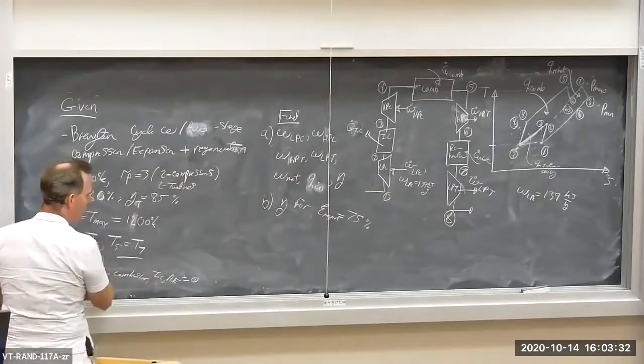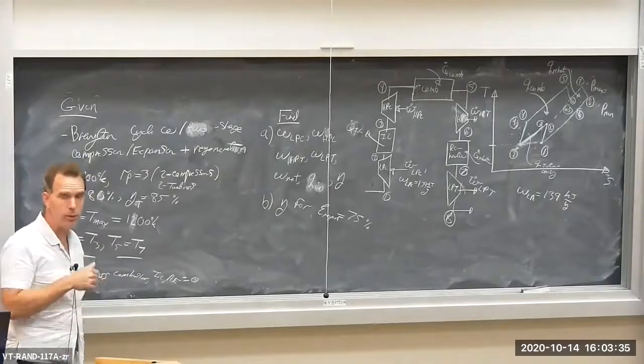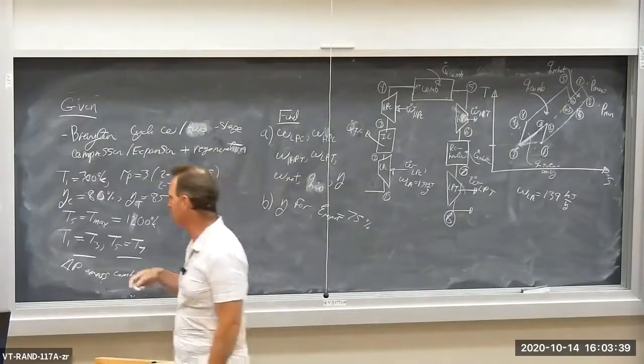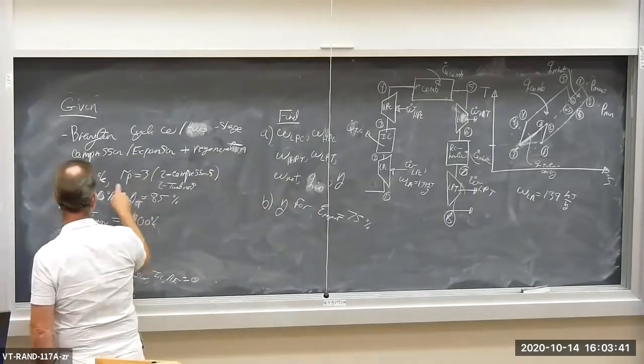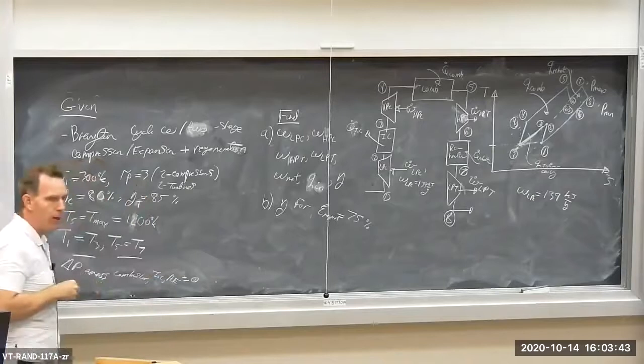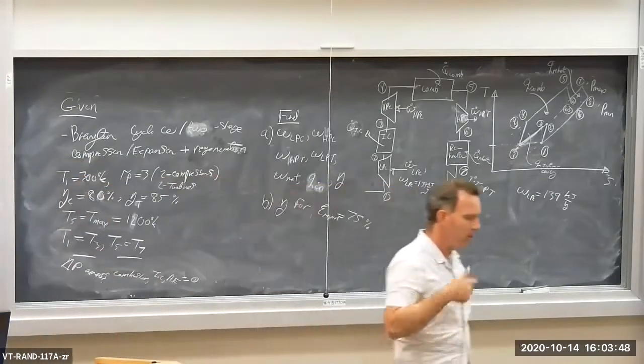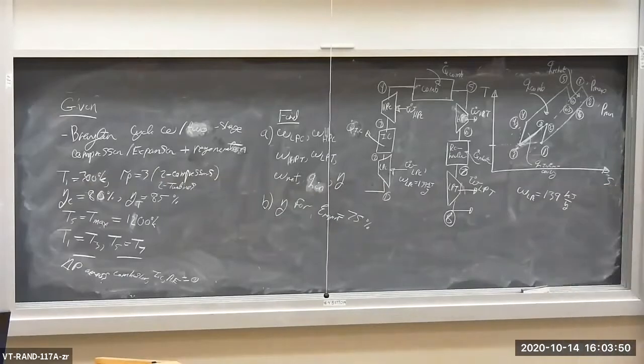T1 is equal to T3. Therefore, H1 is equal to H3. Notice the pressure ratio is the same for all compressors and turbines. The inlet enthalpy is the same. The pressure ratio is the same. The isentropic efficiency is the same.